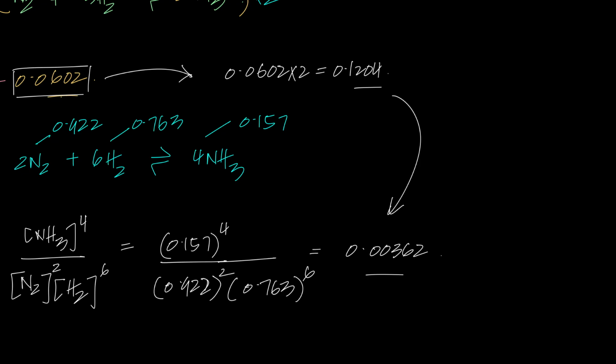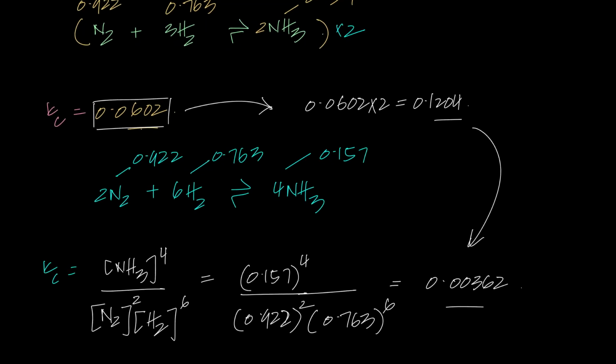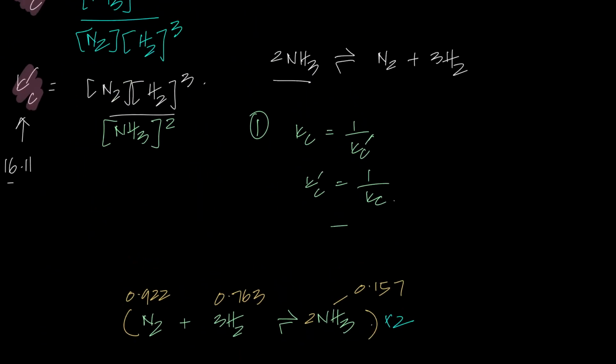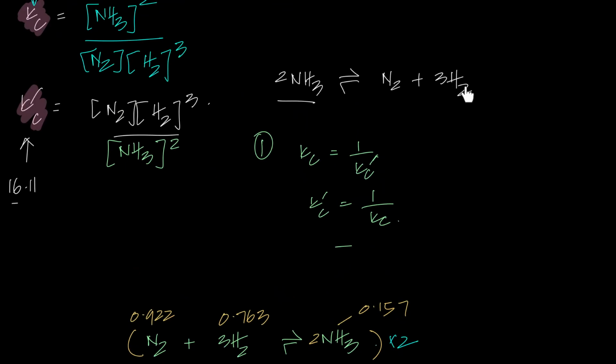And when you multiply an equation with coefficients, what effect does multiplication have? It's pretty basic math. The coefficients are the superscripts, aren't they? Coefficients are NH3 raised to the power 2. So if this NH3 is doubled, this power would be doubled.